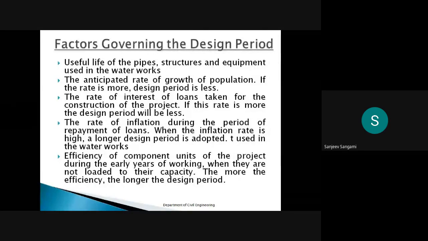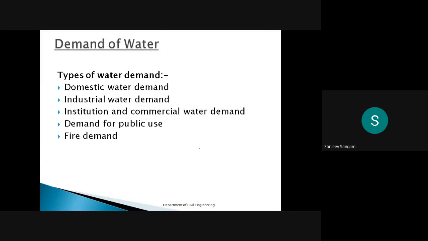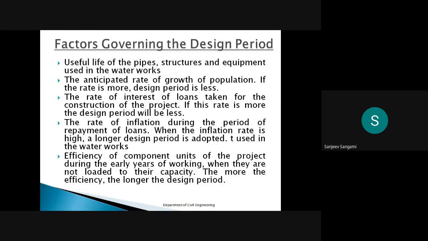Now, some of the factors governing the design period. We will discuss this in the next class, or we'll finish this. The first one is the useful life of the pipes. That is very important. The useful life of the pipes or the structures is going to affect it first.